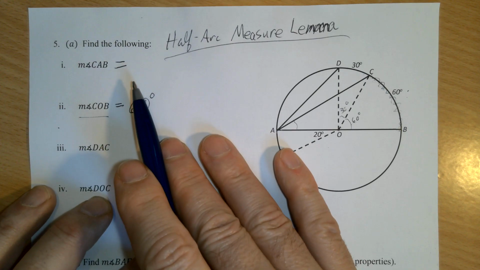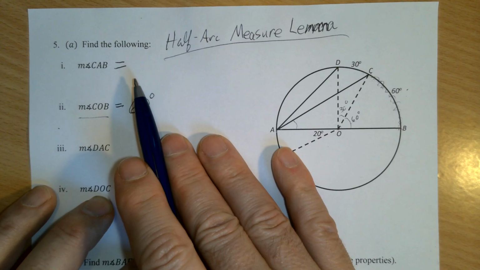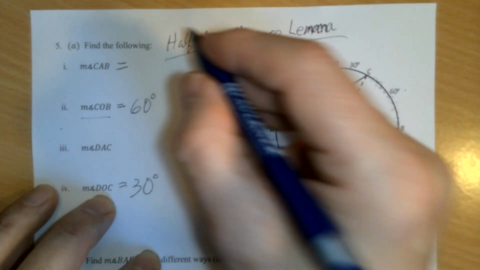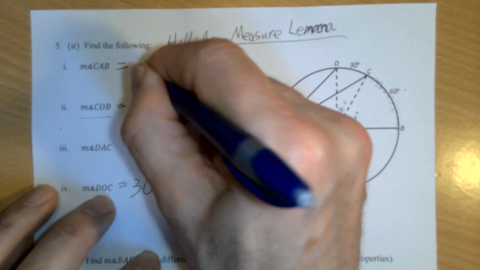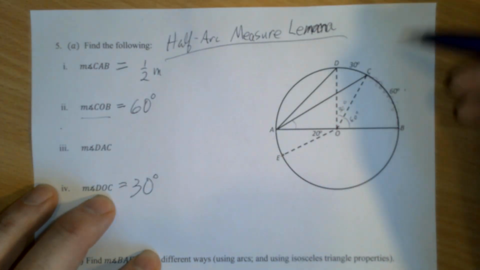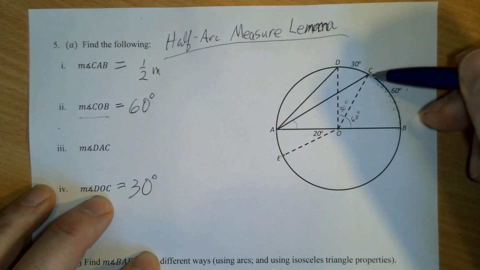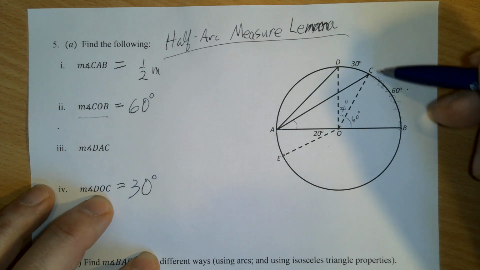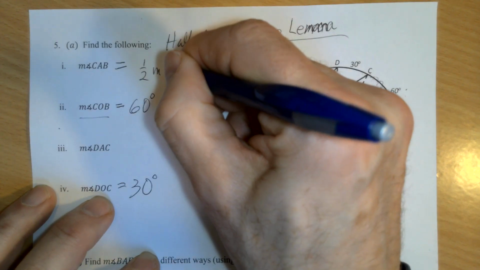So the measure of angle CAB is equal to 1/2 the measure of the arc that it intercepts, the measure of arc CB.